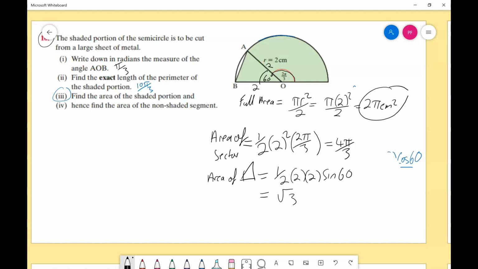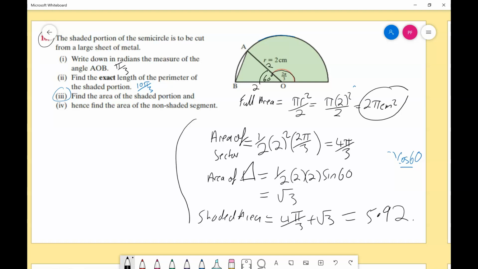Okay, so the shaded area is equal to 4 pi over 3 plus root 3 plus 4 pi over 3, and that gives me 5.92.